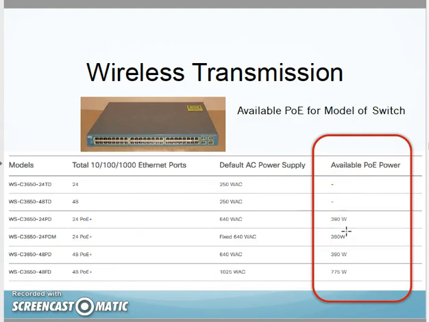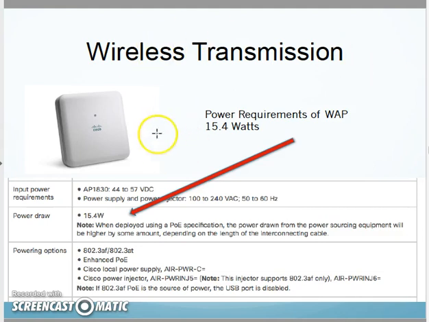So you might need to do some homework on the model numbers and what capabilities they have. And I might also need to do some homework on the access points I'm using. What are they going to draw for power? This is kind of an 1800 Cisco WAP, an everyday access point.